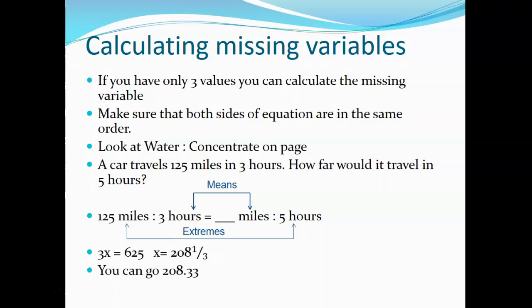So a car travels 125 miles in 3 hours. Do I care if it's a car traveling? No. I need to know 125 miles, 3 hours. Get rid of all the junk here. And then I have a question of how far it travels in 5 hours. So I don't really need all this. I just need to know my second part of this is 5 hours.